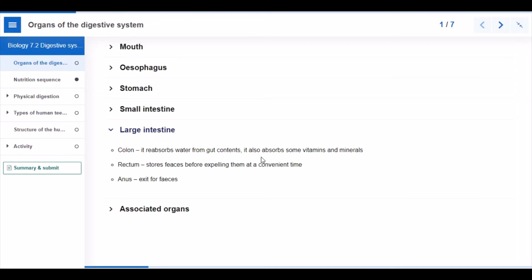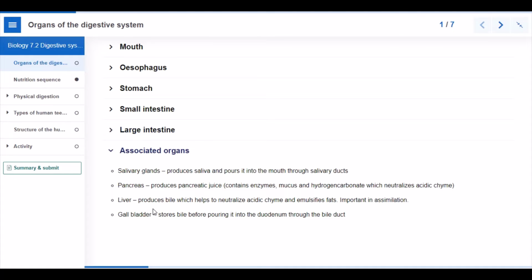It also absorbs some vitamins and minerals. Rectum stores feces before expelling them at a convenient time. And anus is the exit for feces. These three are found in the large intestine. Associated organs with the other organs of the digestive system include salivary glands, pancreas, liver, gallbladder.